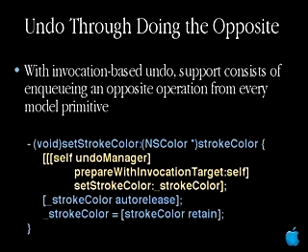And every time it does change, the first thing we're going to do is tell the undo manager to prepare a new invocation, which will basically, if undo is chosen, end up sending the same graphic object another set stroke color message with the old stroke color. That underbar stroke color is our instance variable that contains the stroke color.